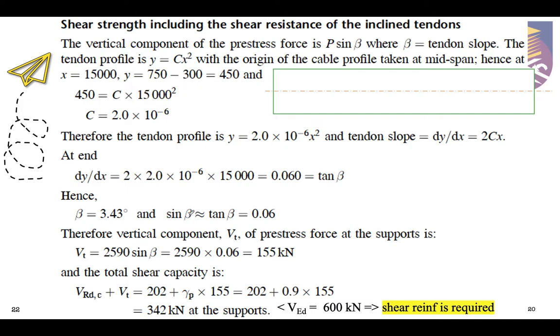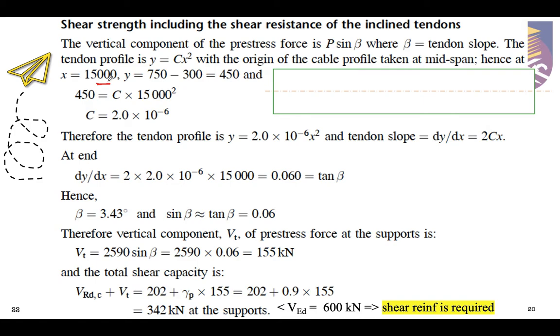where beta is the tendon slope. The tendon profile is y equals to c times x square, with the origin of the cable profile taken at midspan. Hence at x equals to 15,000, which is half of the span length.